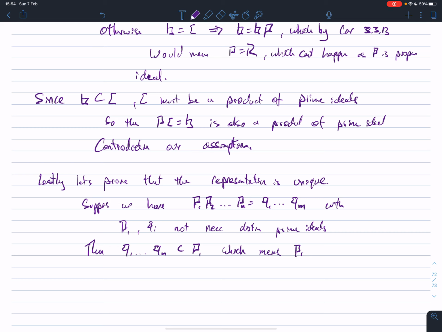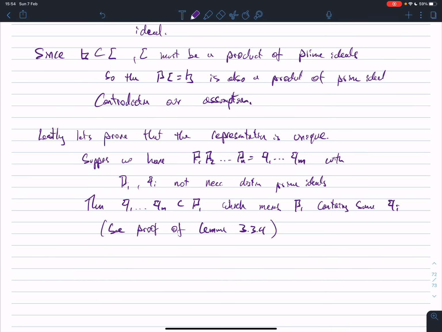Which means P1 contains some Qi, one of the ideals. We saw this before; see the proof of lemma 3.3.4 to see why this is the case. So by relabeling, we can assume that Q1 is contained inside of P1.